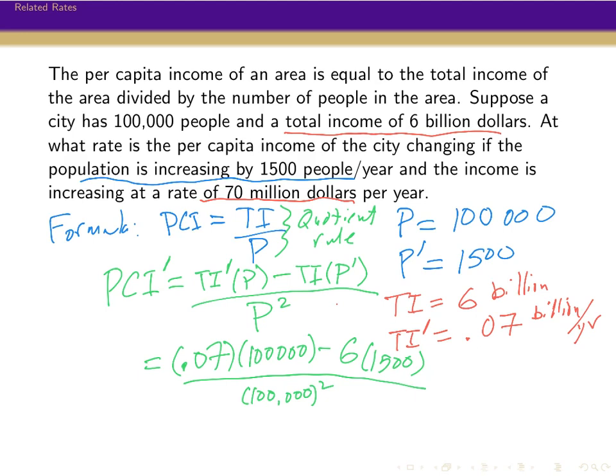And so I get minus 2 times 10 to the minus 7. But what's important here is the units. The units are billions of dollars per person, so $1 billion per person.